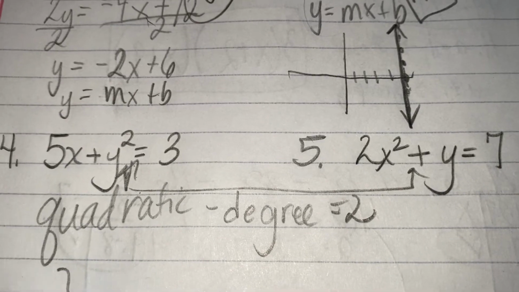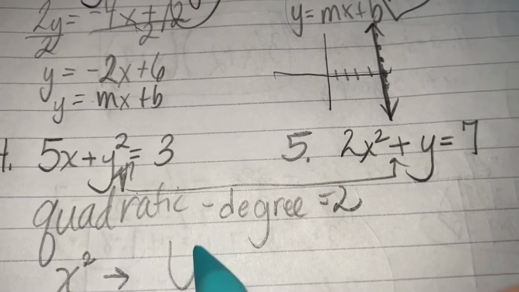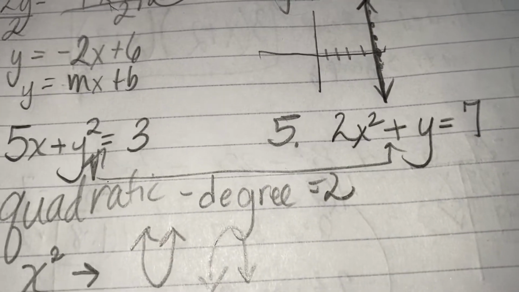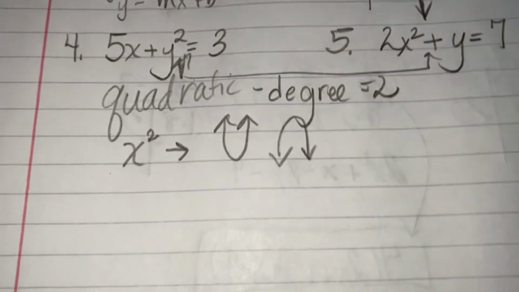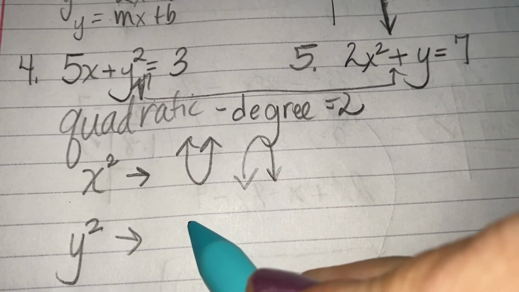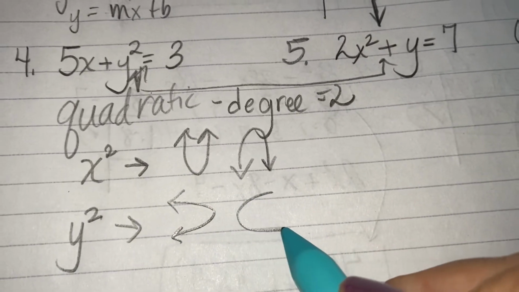Quadratics. If your x is squared, your quadratic looks like this or this particular quadratic. This is a parabola in particular. If your y is squared, then it looks like this or this.